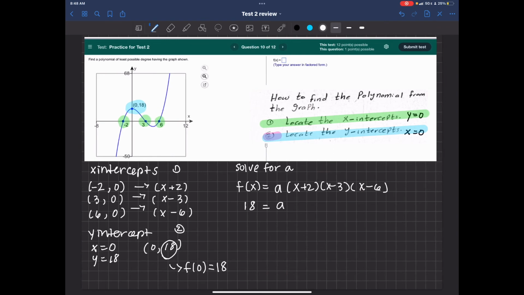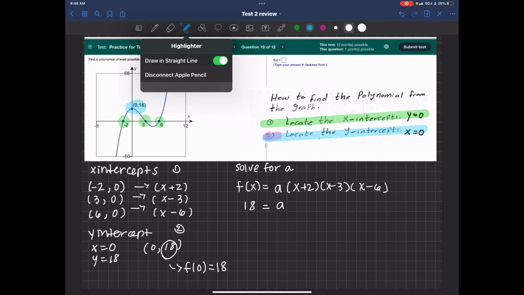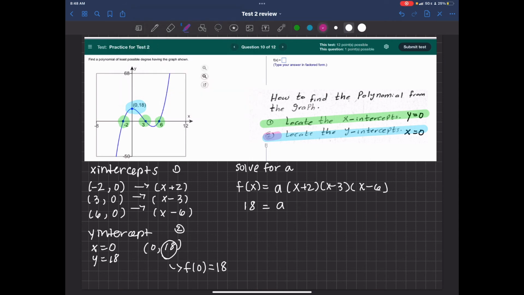So that means our x is going to be equal to 0. So wherever I see an x, I'm going to put a 0. 0 plus 2, 0 minus 3, 0 minus 6.